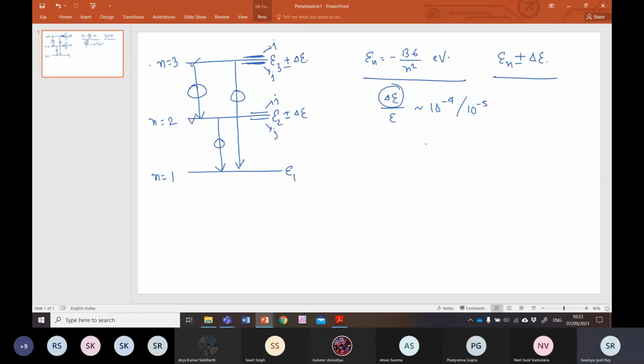So what it means is that if I want to see a spectra, I have to first see these larger lines, and the corrections will be somewhere around them. If I see a big line, then the corrections will be somewhere around it. If the resolution of my spectrometer is not good enough, I'll only see this one and this one. But if I have a very high resolution, then I can further resolve it, and then I can see probably there are 3 lines.